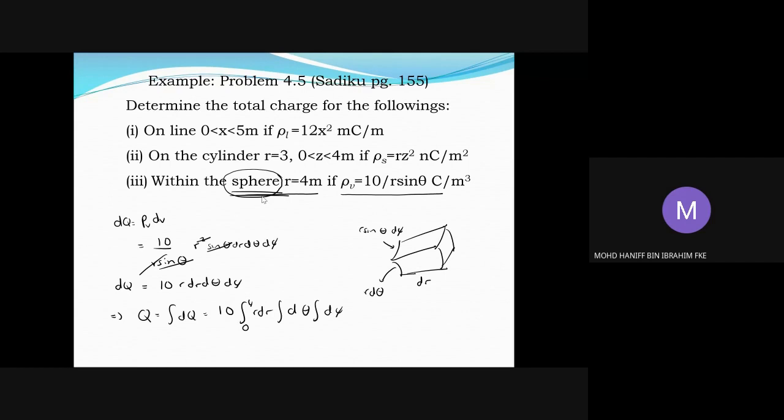Full sphere means theta and phi are both in maximum range: theta from 0 to pi, and phi from 0 to 2 pi.